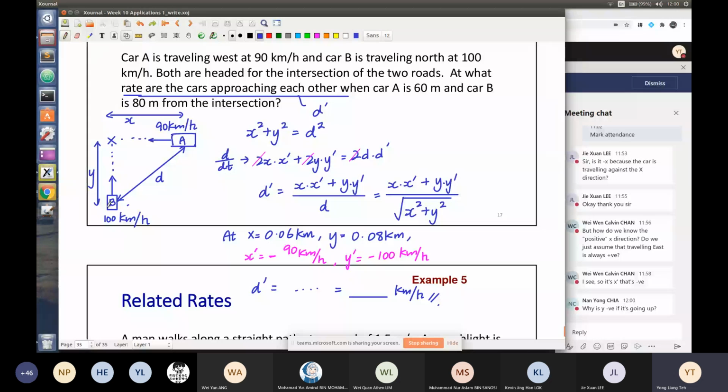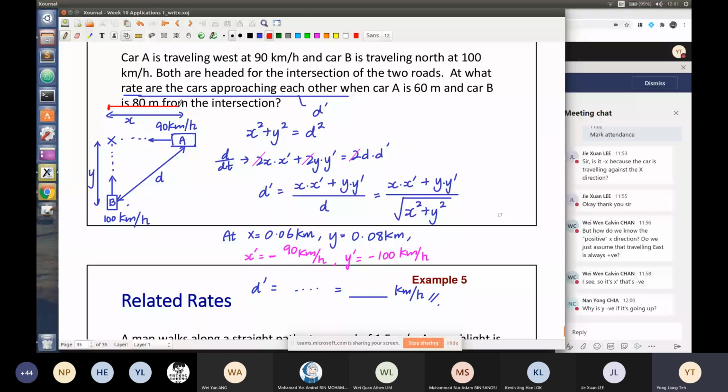So Nanyong asks, why is y negative if it is going up? No, it's not going up. It's actually going down, because you have to take a reference point here. As I mentioned just now, x could be positive in this direction.